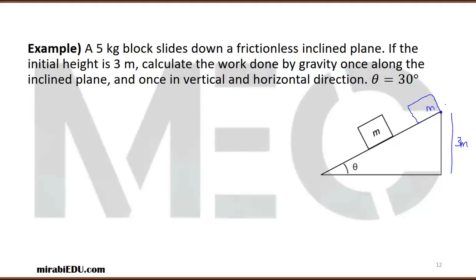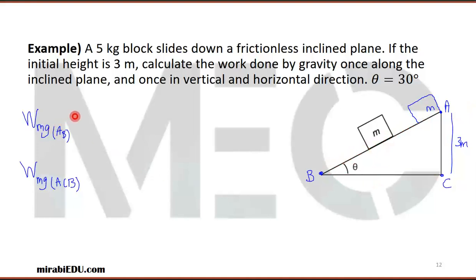Let's name this point A, this point B, and this point C. I want to calculate the work of gravity in the path AB, and once in the path ACB. So once along the inclined plane, and once in the vertical and then horizontal direction.